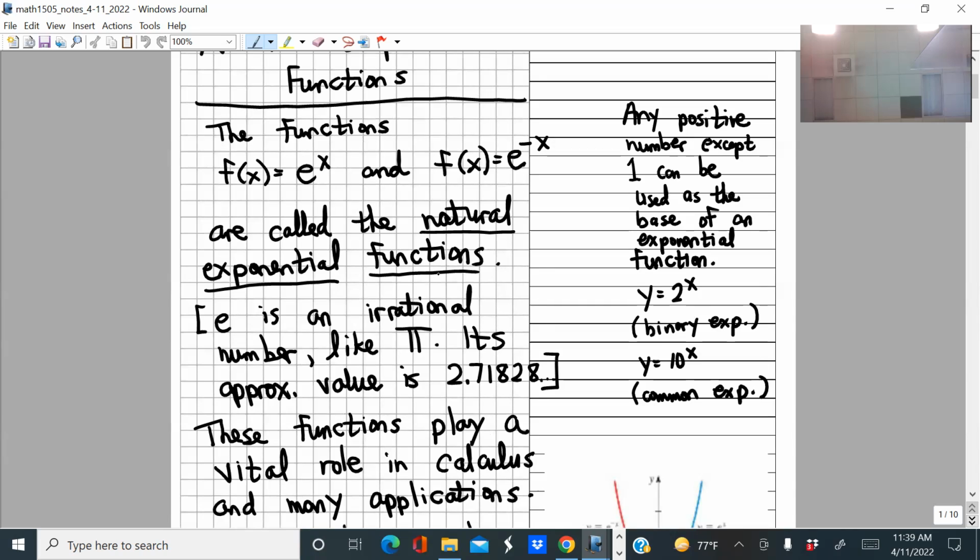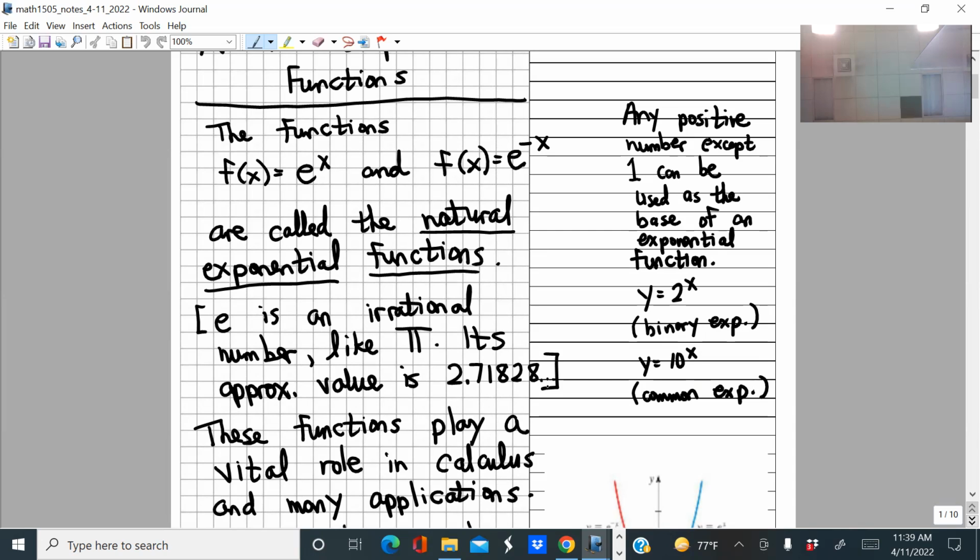That's why these are called the natural exponential functions. But any base can be used to form an exponential function. So here's another important exponential function where you have base 2 raised to the power of x. That's called the binary exponential function. Or another important one is where you have the base 10 raised to the power of x. That's called the common exponential function.